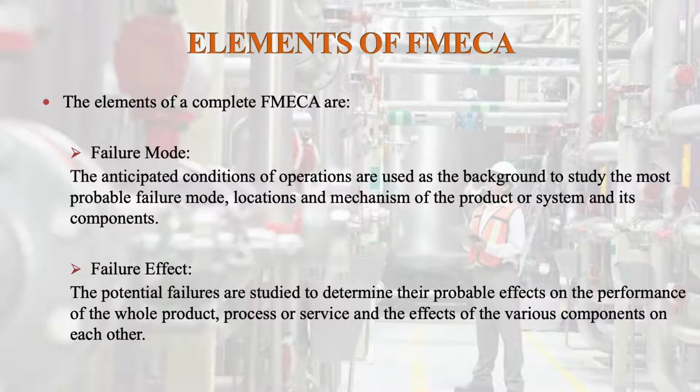The potential failures are studied to determine their probable effects on the performance of the whole product, process or service, and the effects of the various components on each other. So if any product or any part fails, then it impacts the machine as a whole. So this is one element, to identify the failure mode.